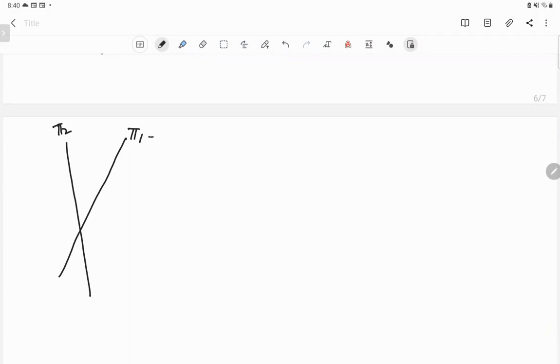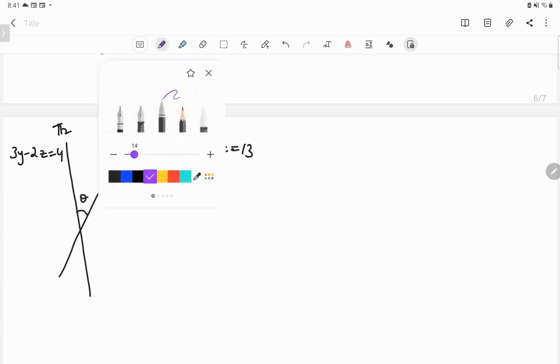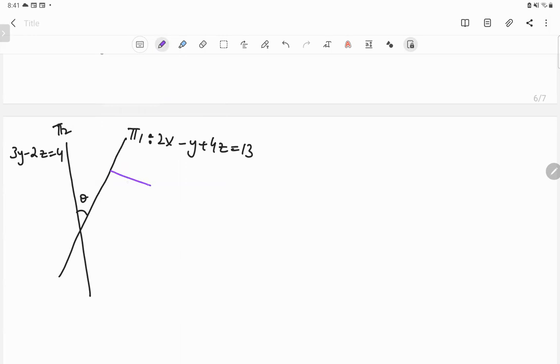The equation of phi 1 is 2x minus y plus 4z is equal to 13. And the equation of phi 2 is 3y minus 2z is equal to 4. And this is the angle theta between the two planes, okay? Now their vector normals can be like this.